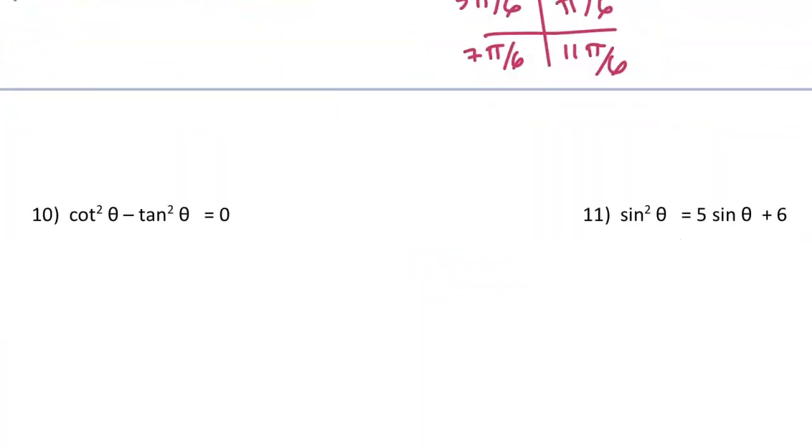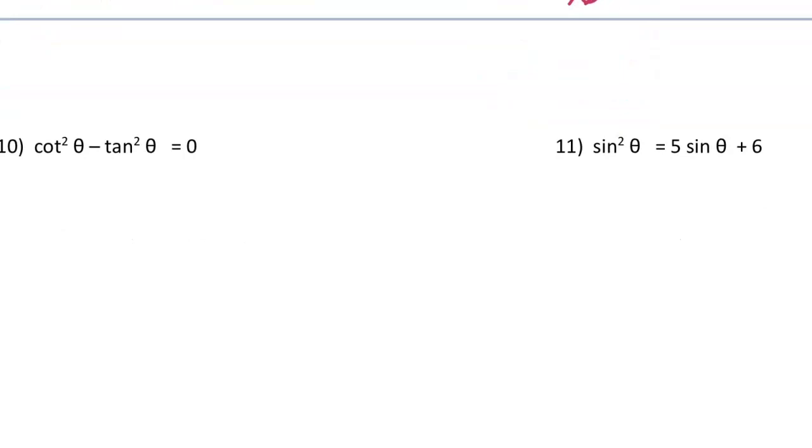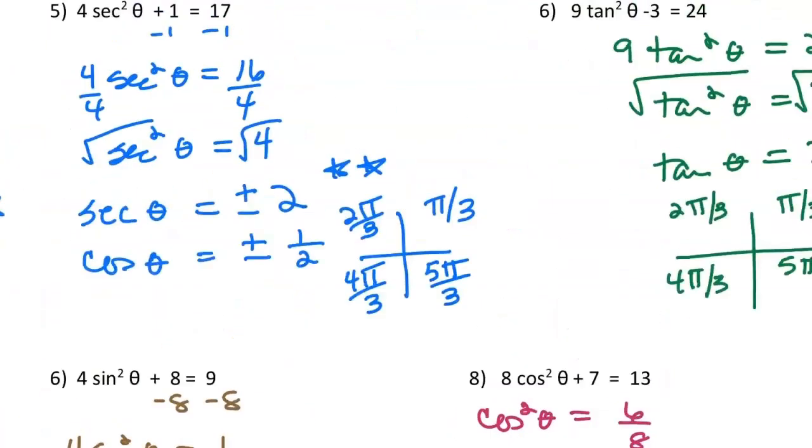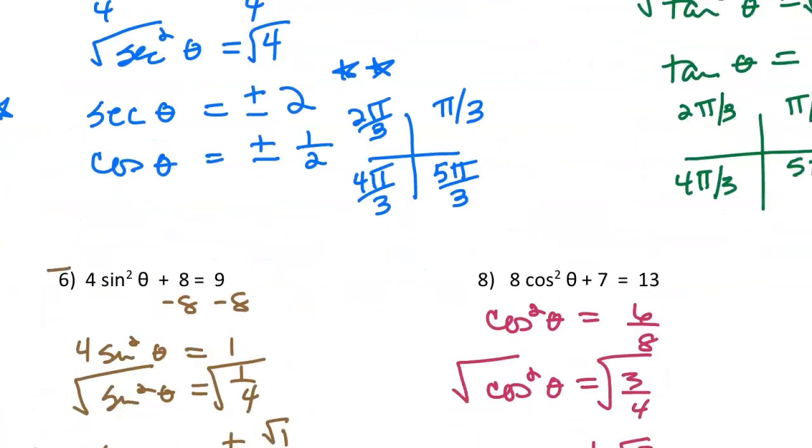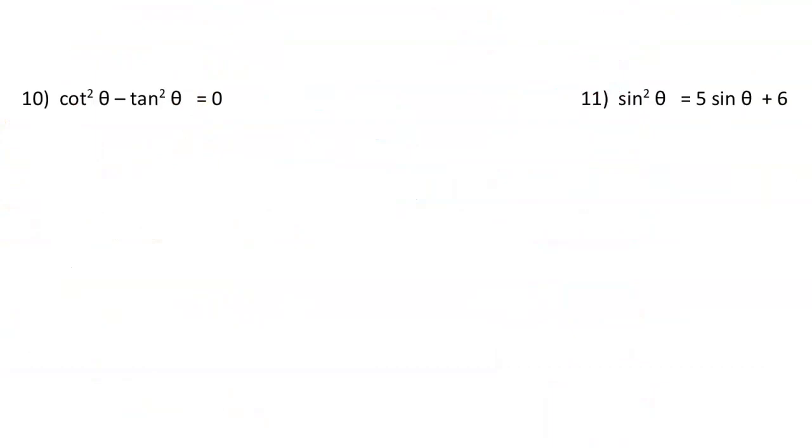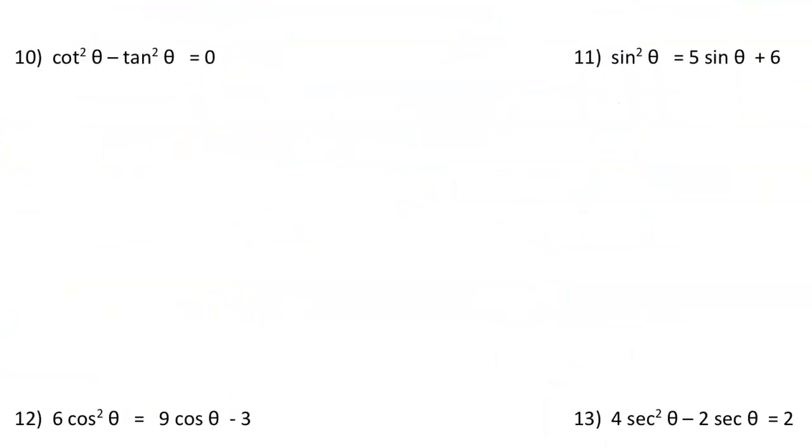Okay, now we have some more factoring. The first one, number 10, is the difference of perfect squares. Oh, and I should go back and tell you one thing. This one should have been 7 because the other one was 6. So just make a note of that. Okay, this is the difference of perfect squares.